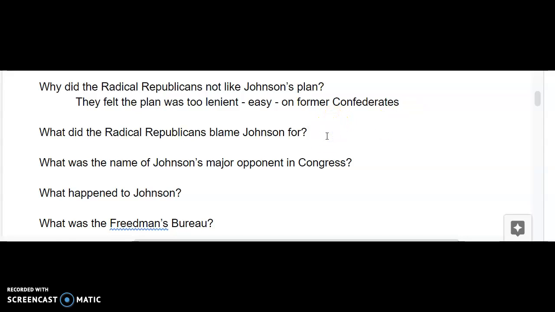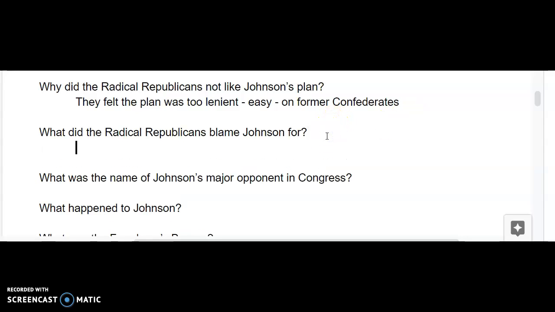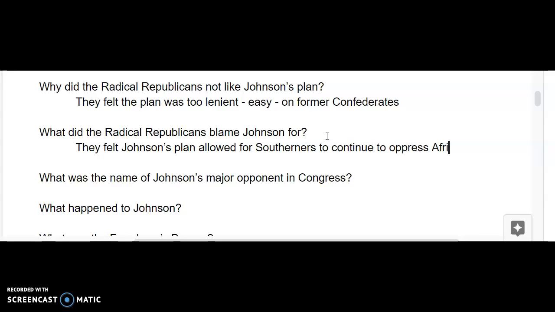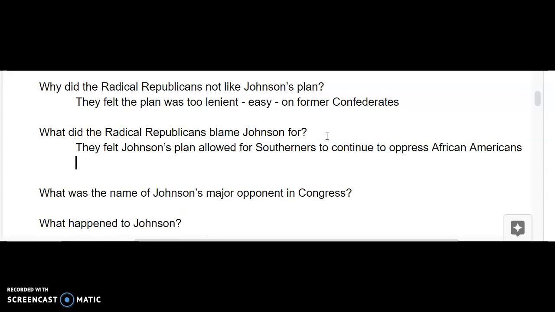So the radical Republicans felt that part of this plan being too lenient was that Johnson's plan allowed Southerners to continue to oppress African Americans. For example, radical Republicans will blame Johnson for the imposition of black codes in the South.